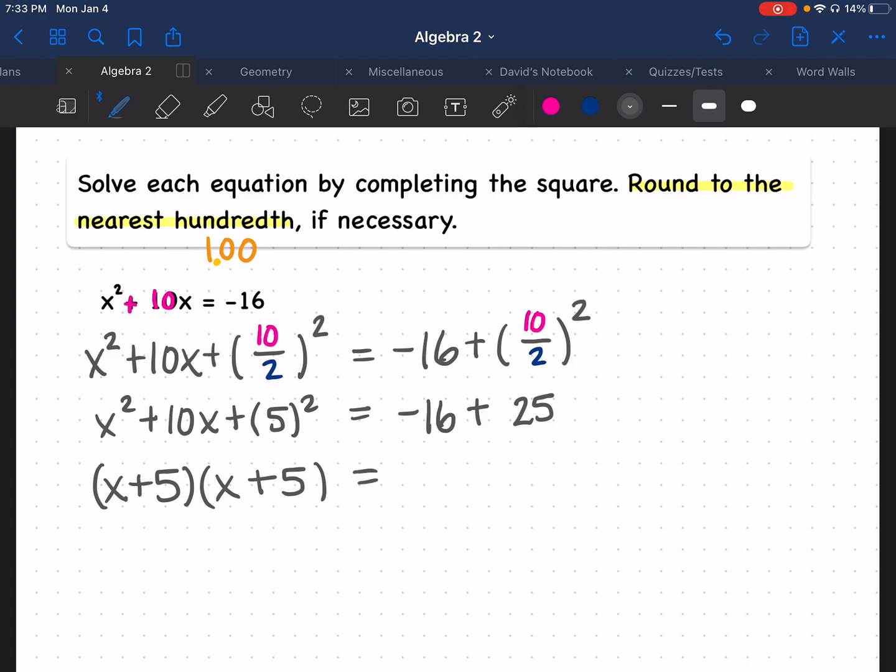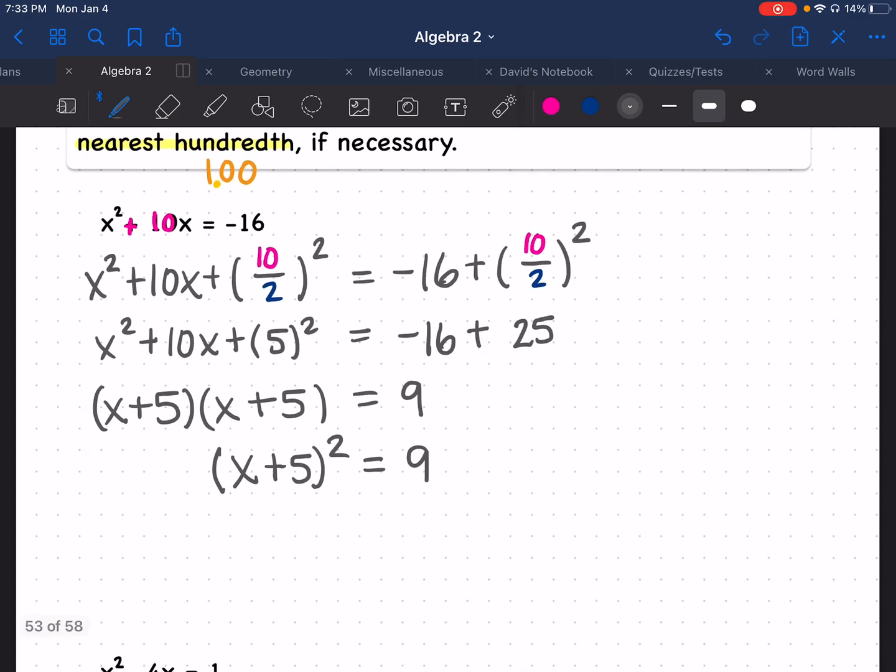If it were negative, I would put a negative 5. All right, negative 16 plus 25 is positive 9. All right, these two are exactly the same. So guess what? I didn't even have to write them twice. I only had to write them once and put a square with it. That's what a perfect square trinomial is.